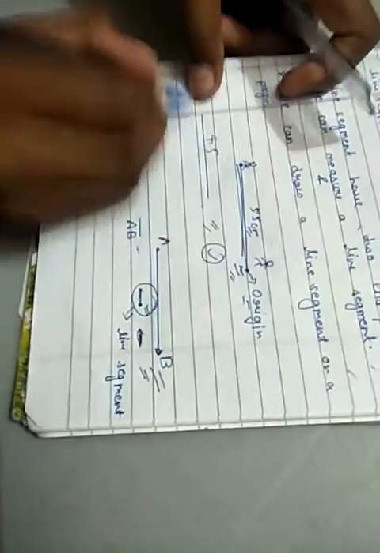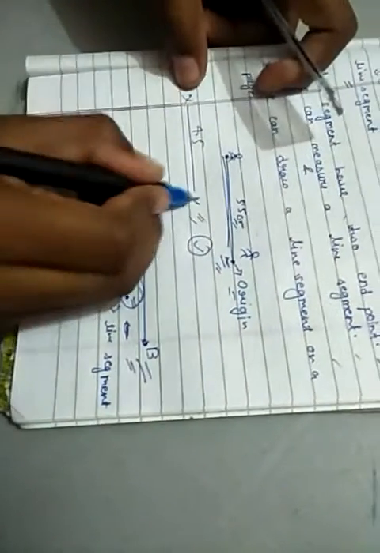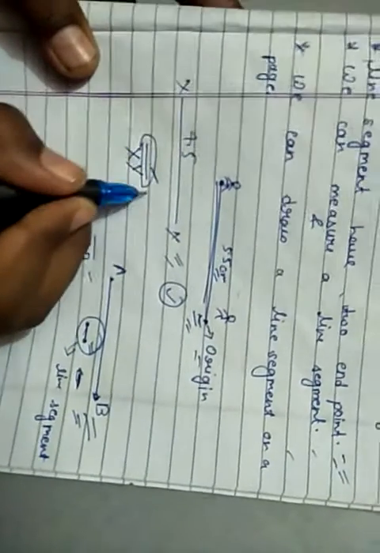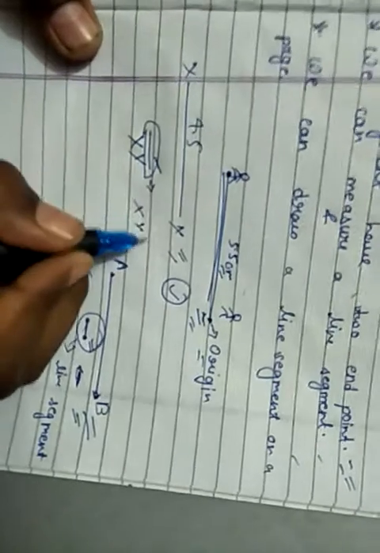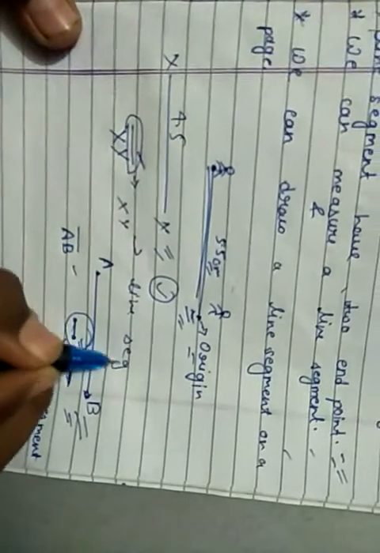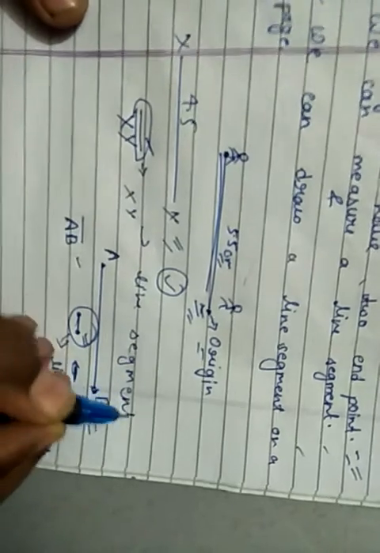Like a line I draw, it is 4.5 centimeter and its name is XY. So how will you represent it? XY is a line segment. So the sign of this is a top line, which says that this XY is a line segment.